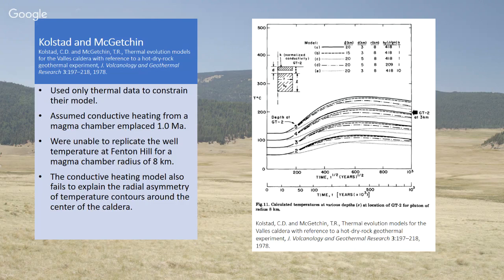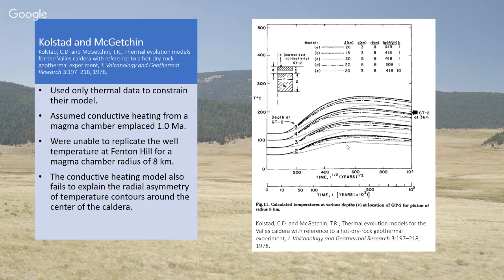Problem was when they did a parametric study, and when they had a magma chamber of radius 8 kilometers, they weren't able to replicate the temperature. So they eventually went to a 12-kilometer model, which could at least match the current temperature, but it required a magma chamber much larger than would have been reasonable.